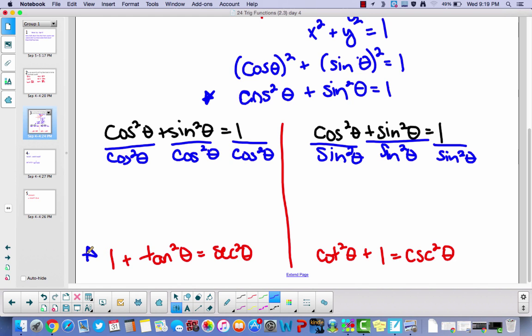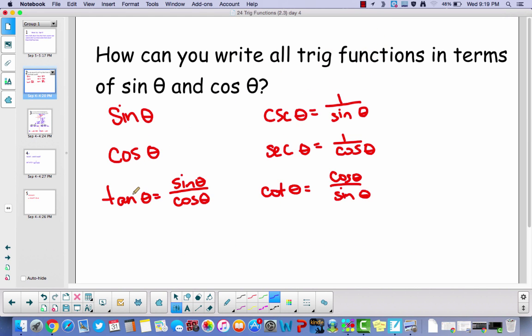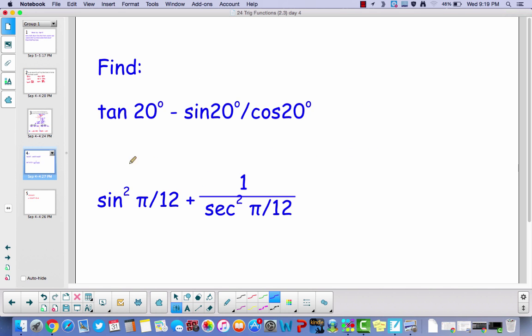These three trig identities are going to come in handy, as are these trig values, because we can look at some problems like this. We have the tangent of 20 degrees minus the sine of 20 degrees over the cosine of 20 degrees.